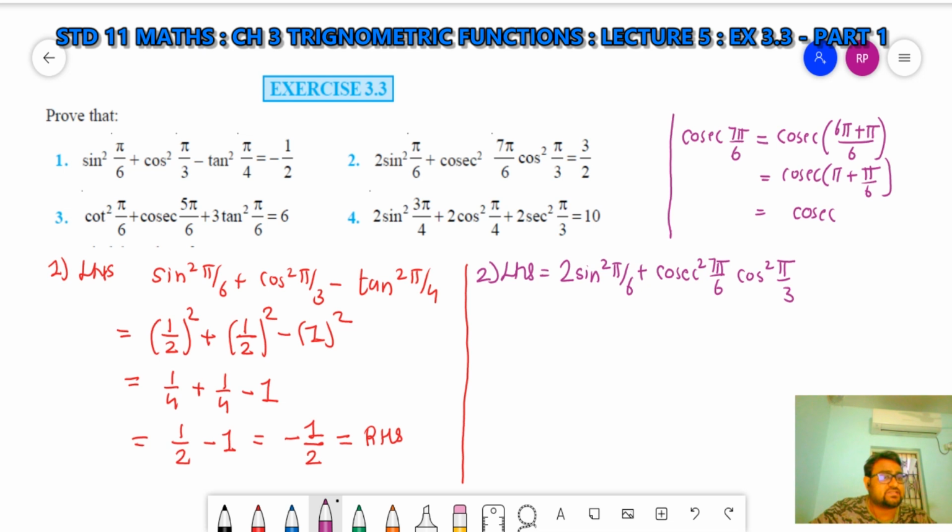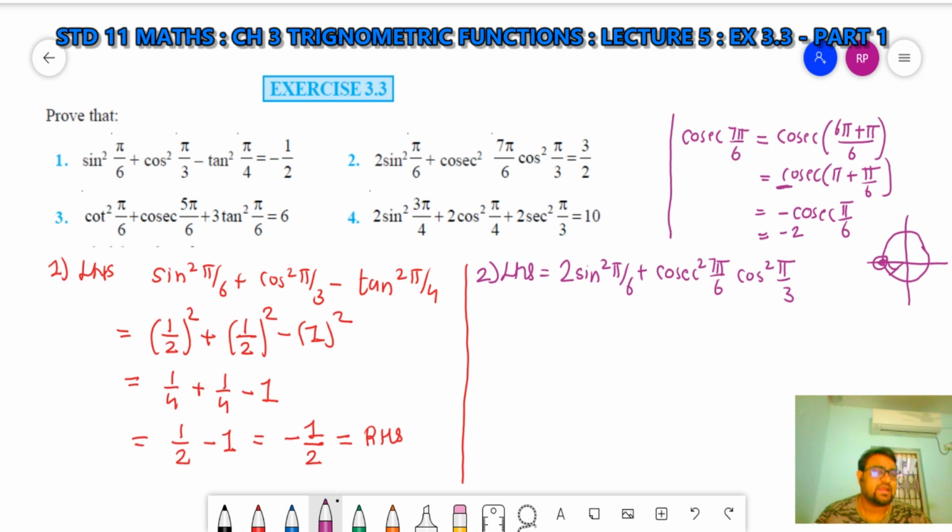Okay, now pi means if I take the unit circle, here it is pi. Now it's plus, so it will be in the third quadrant. Right? In the third quadrant, cosec is negative, so that is minus cosec pi by 6. Clear? So what is the value of cosec pi by 6? That is cosec 30, that is equal to 2, and it's minus, so this is equal to minus 2.